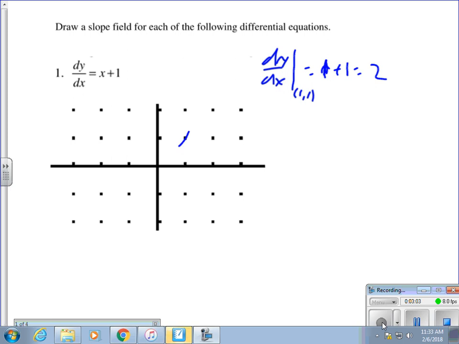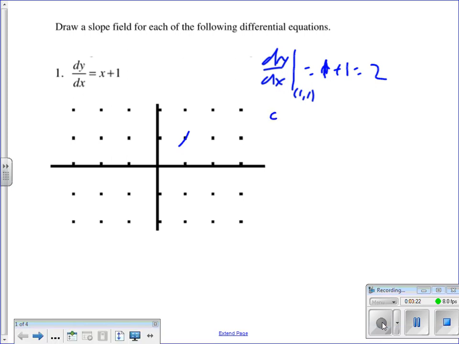Because at the point (1, 1), my differential equation is equal to 2. So I have a little dash with the slope of 2 at that coordinate. Same thing for any other coordinate.